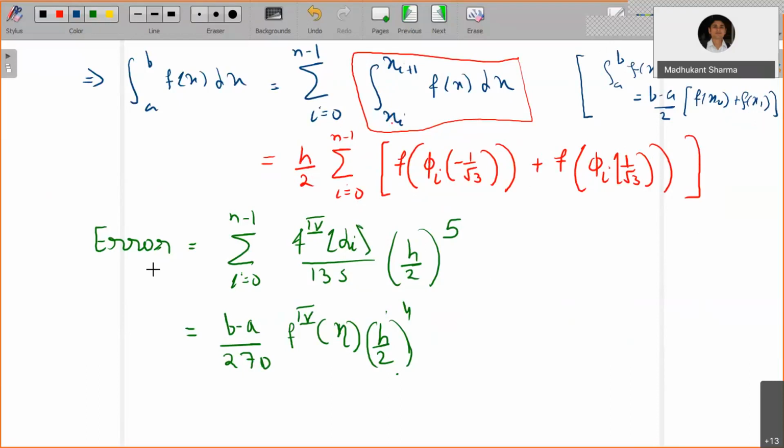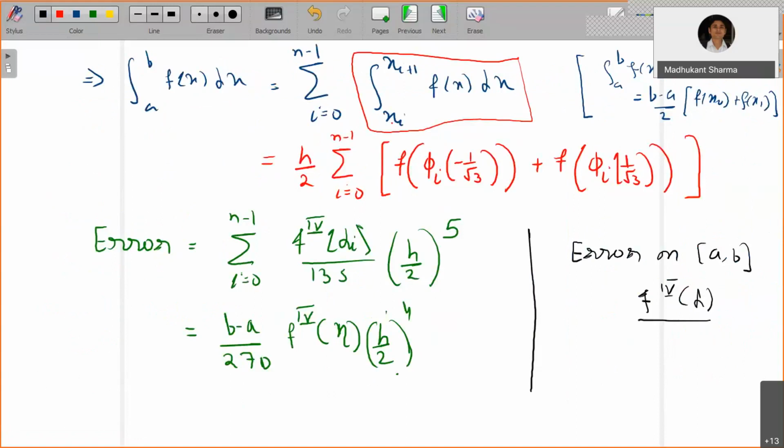And similarly, you can calculate the error as well. For each interval, if I recall, what was the error on the interval a to b? It was the fourth derivative at d by 135, if you recall from the previous slide.